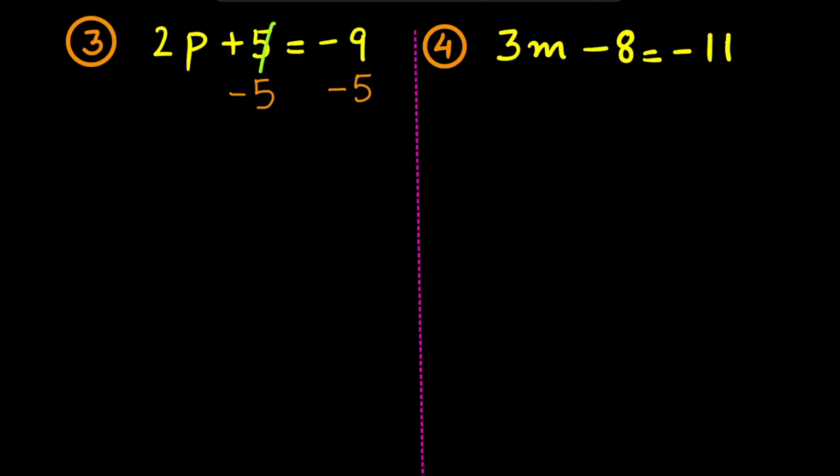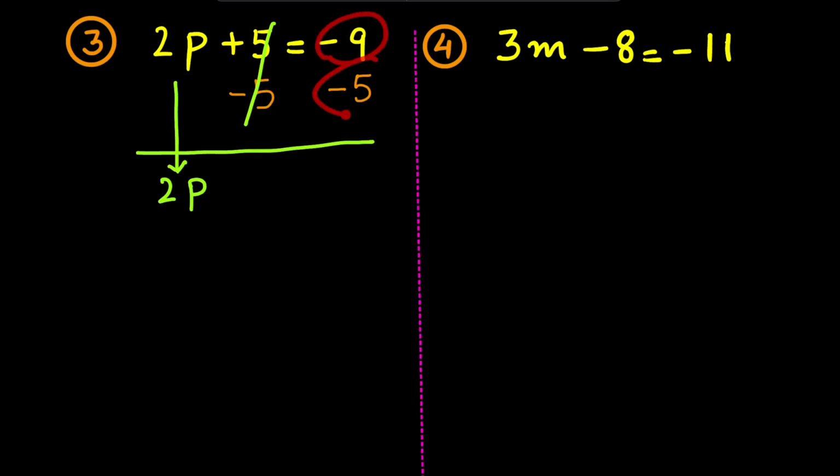So this 5 and negative 5 get cancelled. Under 2p we write 2p. Minus 9, so negative 9 and negative 5, when we add these, we get negative 14. So we get 2p is equal to negative 14.